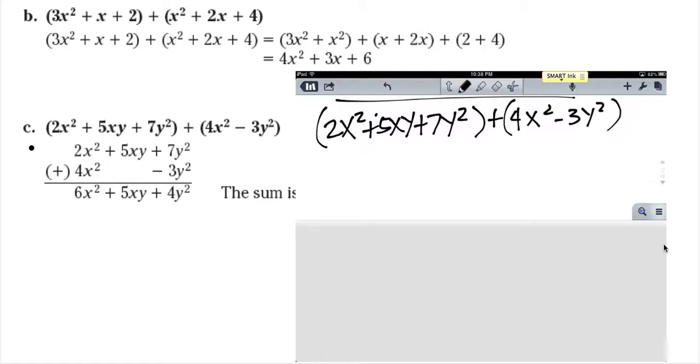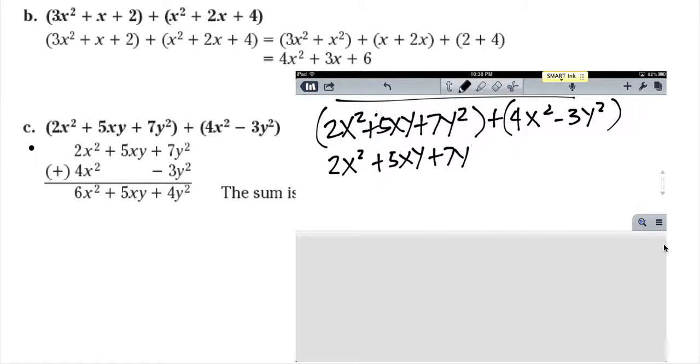Since you're adding polynomials, you can simply take away the parentheses and add them directly. I'm going to tell you later on why that is possible. So you can take out the parentheses. Now you have 2x squared plus 5xy plus 7y squared plus 4x squared minus 3y squared.